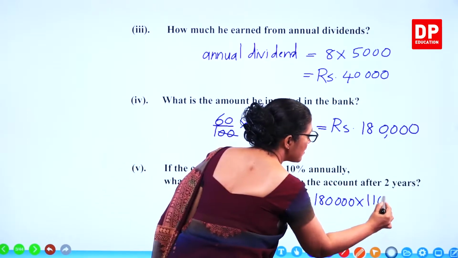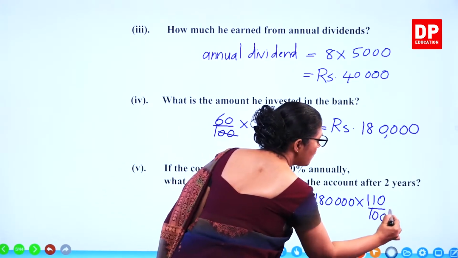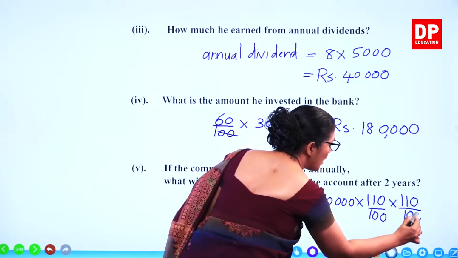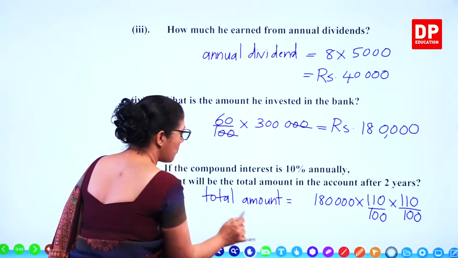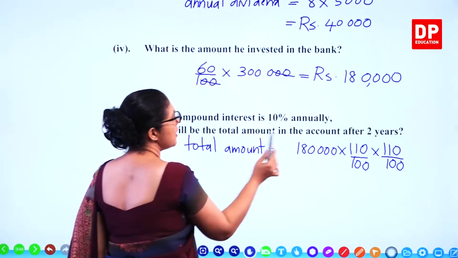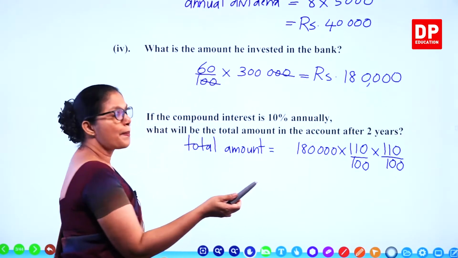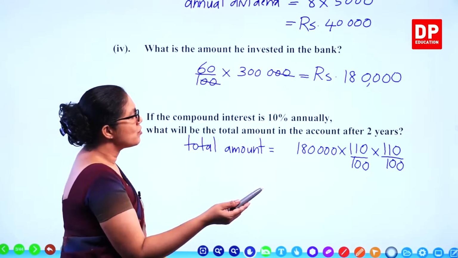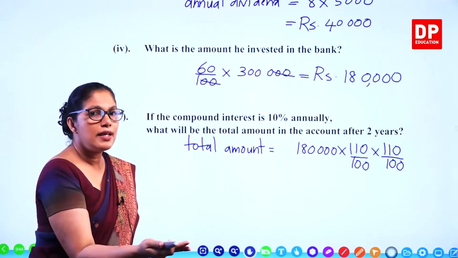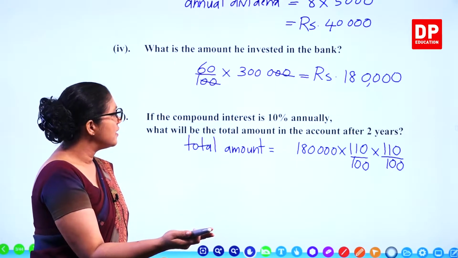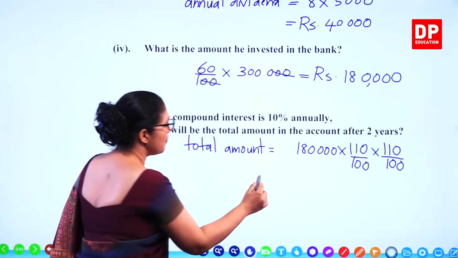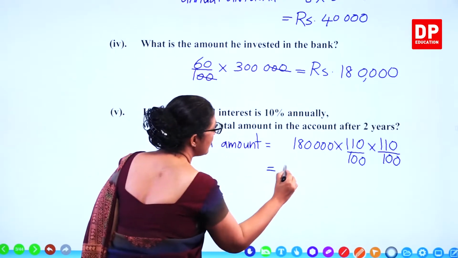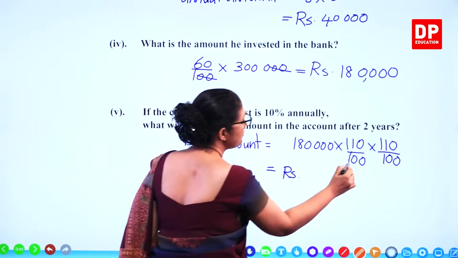First year 110 over 100. Again for the second year 110 over 100. So this is the easiest way to find out the total amount. Otherwise you have to find out the interest after first year, and then you have to add it to 180,000 to find out the amount for the second year. But if you do this way, you can easily find out the total amount.